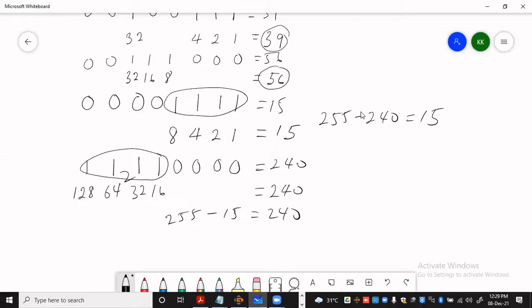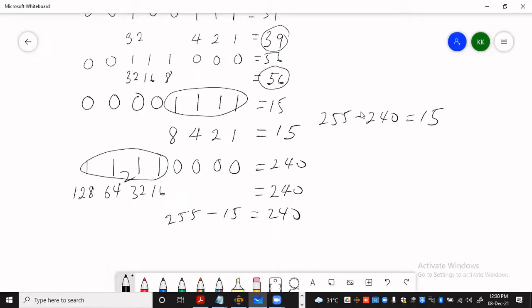So you always keep it in mind. The last 4 bits on your left, if they are switched on, give you 240. And if the first 4 on your right are switched on, they give you 15. So you can even put them together.